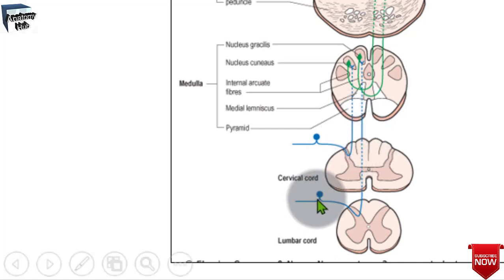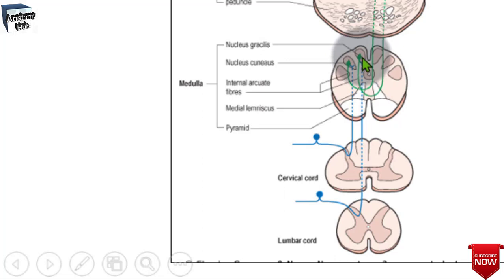The first order neuron, entering through the dorsal root of the spinal nerve, brings the tactile, vibratory, and proprioceptive information mainly from the lower body and terminates on the second order neuron in the ipsilateral nucleus gracilis, which is present at the caudal part of the medulla.